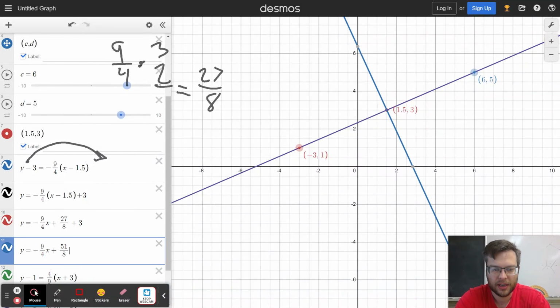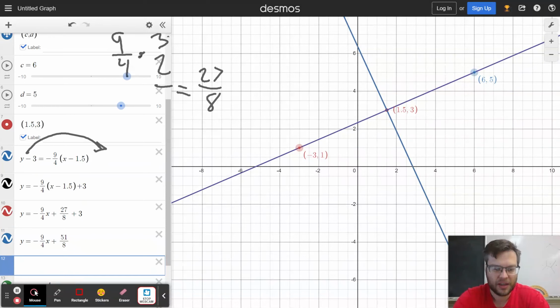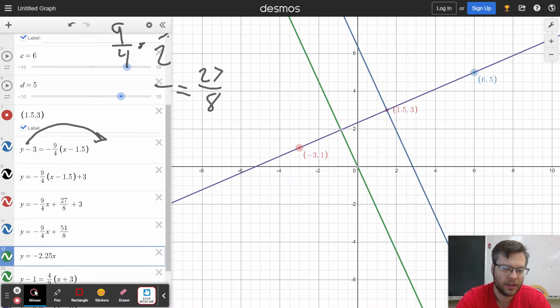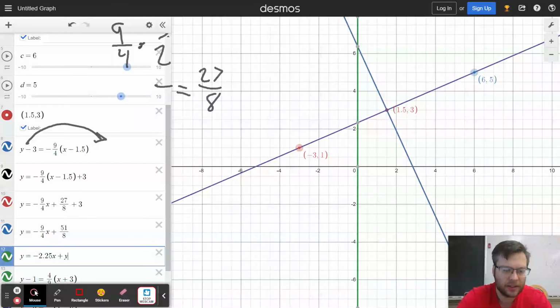That's another line that's directly on there. And maybe you don't like fractions, you like decimals more. So 4 goes into 9 2 and 1/4 times. And how many times does 8 go into 51? 6 point, is it 375? There you go.